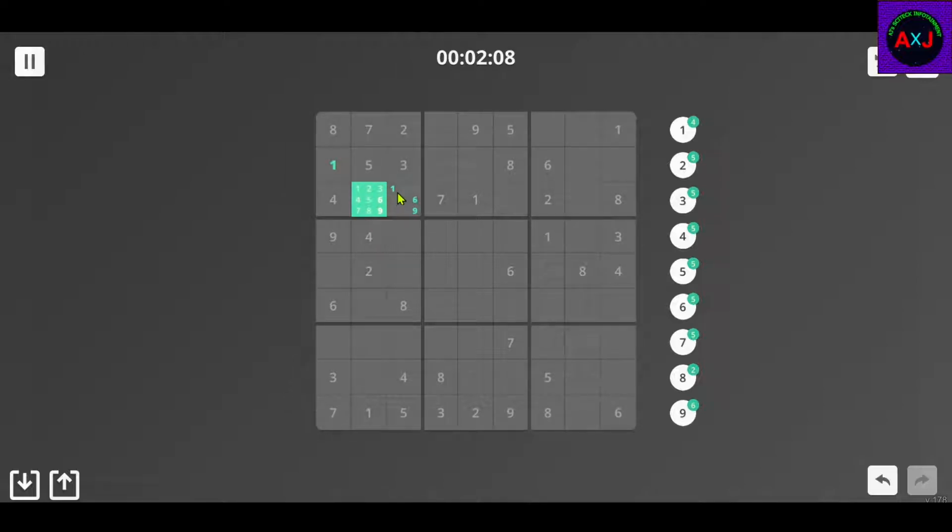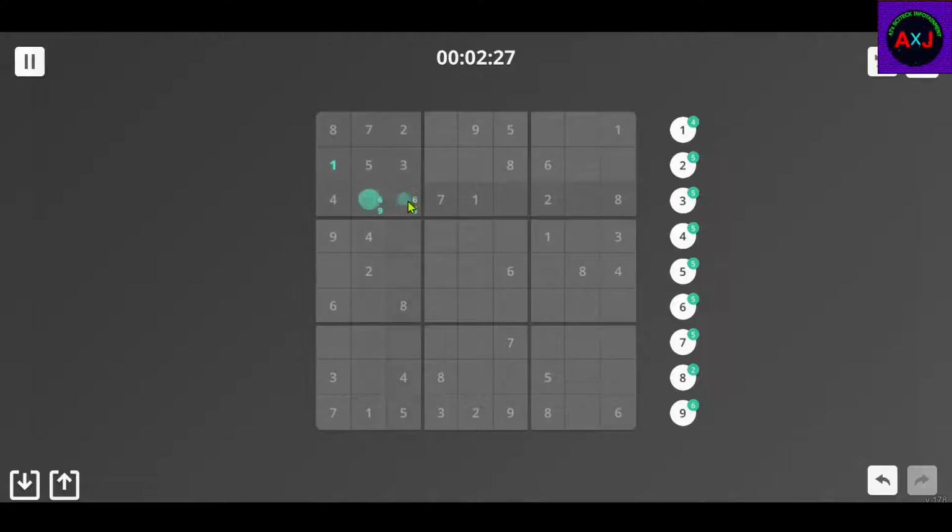This will result in the other cells having only 6 and 9. However, 6 and 9 when compared to other rows and columns cannot be reduced further.